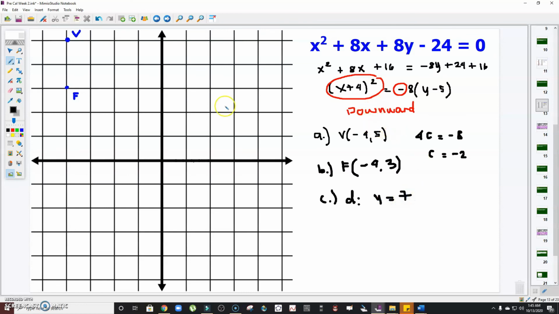Why 7? From the vertex, I added 2 units. So it's somewhere here, which no longer fits in my space. Anyway, it's okay. Then, for our axis, since the axis is a vertical line, that's x equals the abscissa of your vertex, which is negative 4.